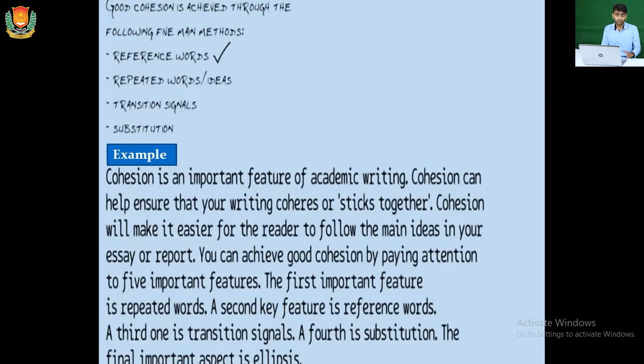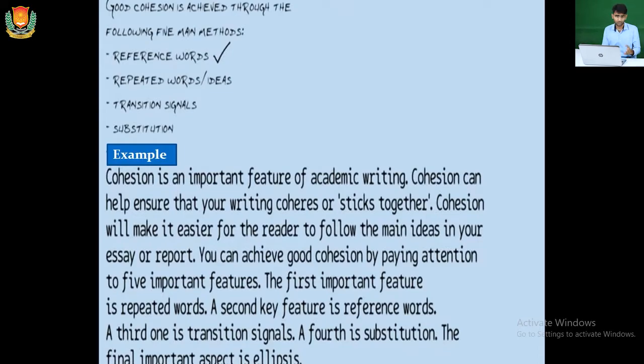If you look at this text, for example, I have given a text here. Cohesion is an important feature of academic writing. Cohesion can help ensure that your writing coheres or sticks together. So you can see there's a lacking in it. Although it is grammatically correct, there might be some flaws in this paragraph.